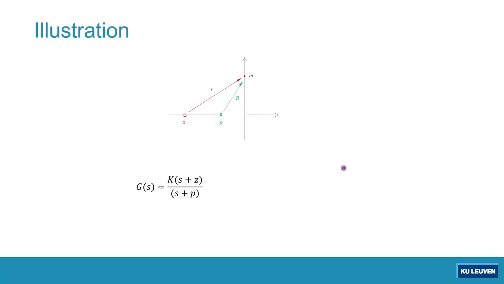If I want to evaluate the magnitude of G(jω) and the angle of G(jω), what I have to do: the magnitude of G(jω) technically is equal to K times lowercase r, where lowercase r tells us the norm of the factor from the zero to the particular frequency of interest, divided by capital R, where capital R is the norm of the factor that points from the pole to the frequency of interest.